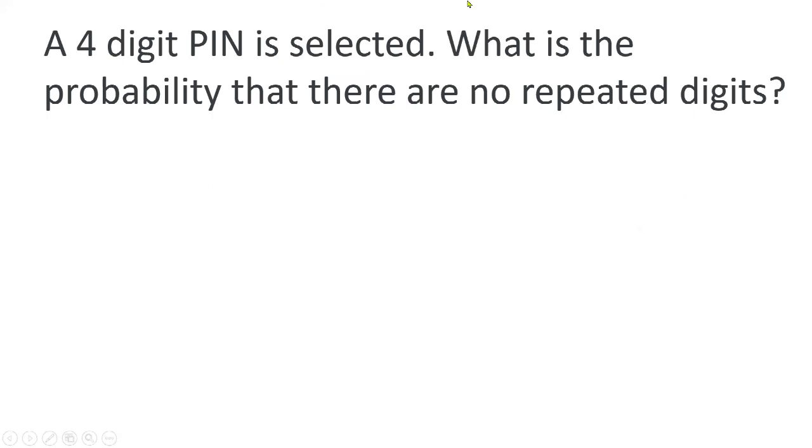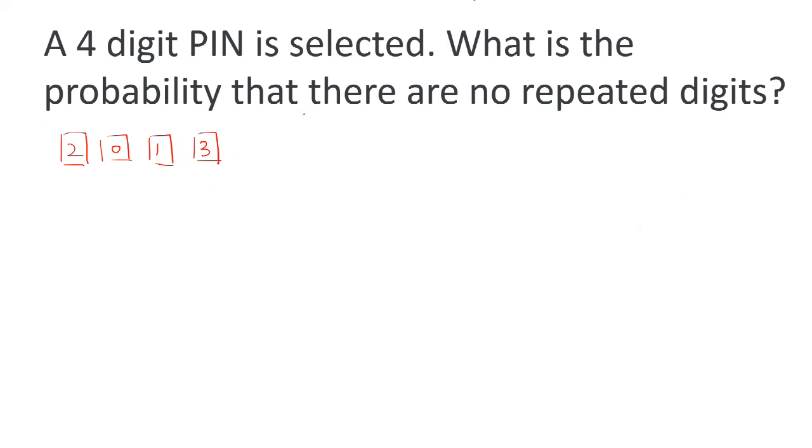First, a 4-digit pin is selected. What is the probability that there are no repeated digits? Okay, what does this mean? This means suppose we have a 4-digit pin, for example, 2013. This is a pin, right? And we choose some numbers to be the pin.